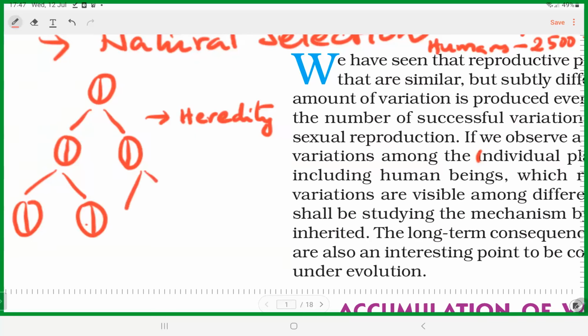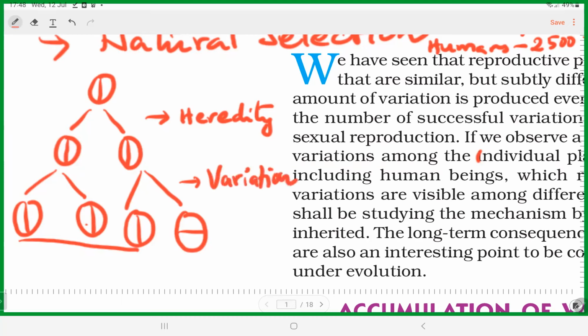Look, all the organisms are similar. But because of something called variation, variation results in what? Speciation. Variation results in speciation.